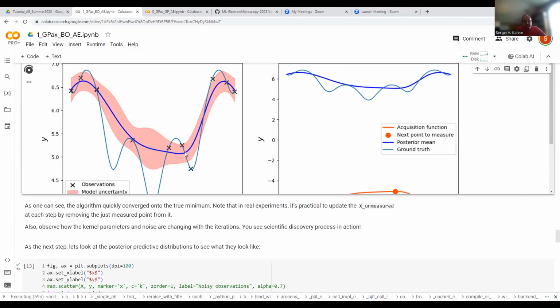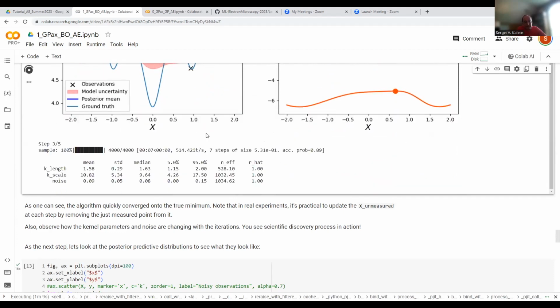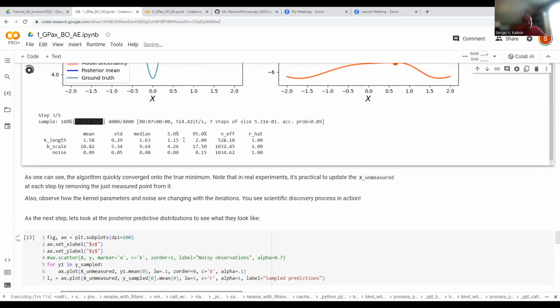So let's see whether we are going to discover the true minimum or false minimum. So it looks like the next measurement is 0.7, so it is here. Let's see what happens with the third.